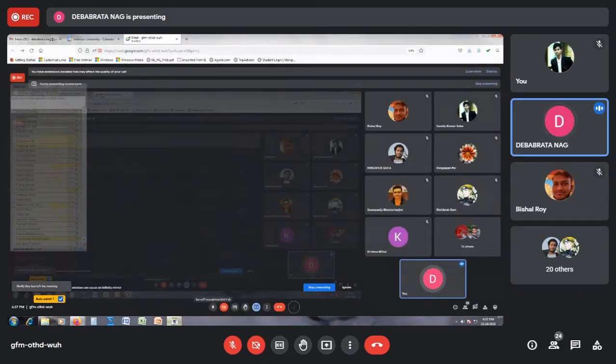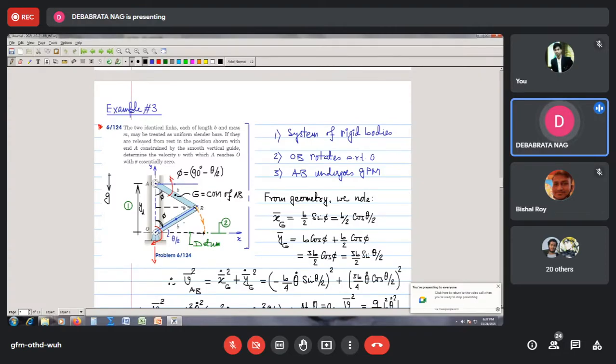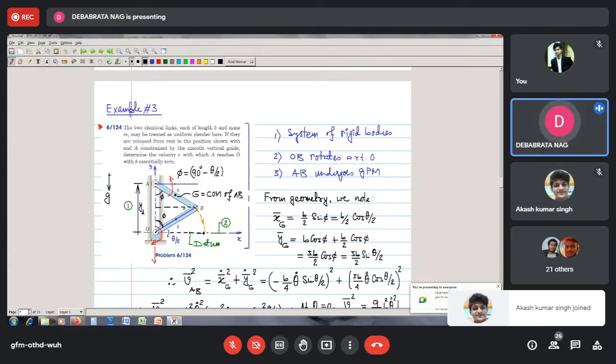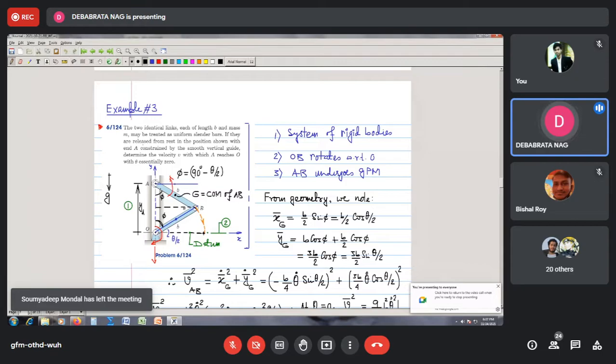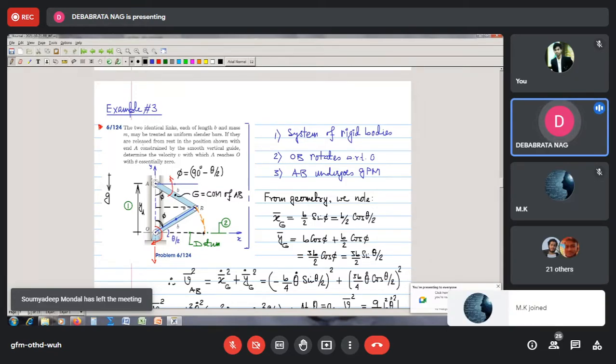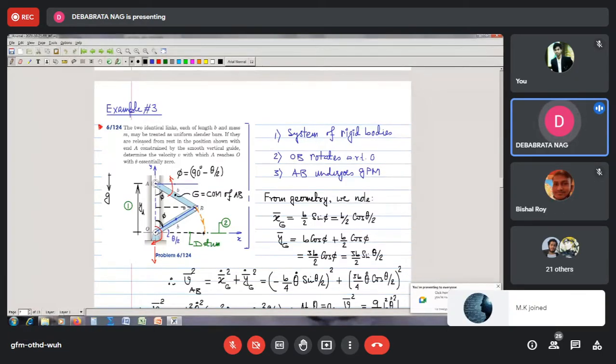So this is able to turn with respect to point O, and there is another link called AB. In that link there is a roller, and it is constrained to move in this vertical guide.